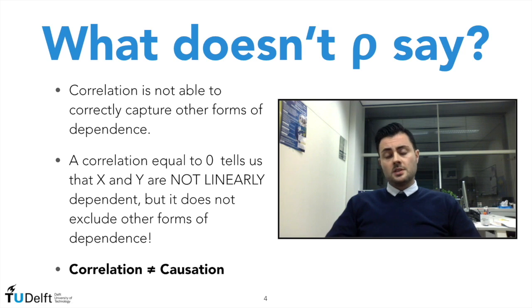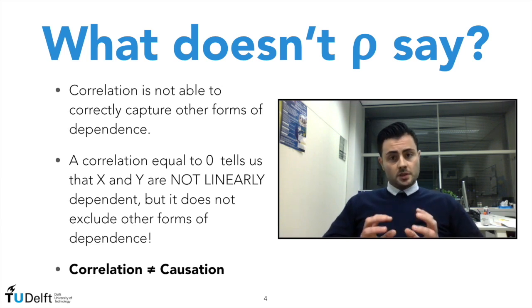Please also notice that if x and y are uncorrelated, this just tells us that x and y are not linearly dependent, but they could be dependent in another form of dependence, quadratic, logarithmic, whatever you want. So please remember that uncorrelated random variables are not necessarily independent, while independent random variables are for sure uncorrelated.